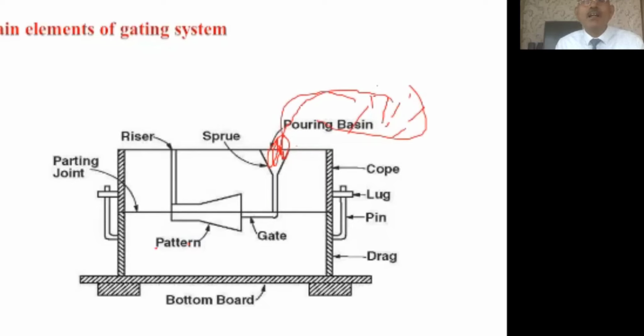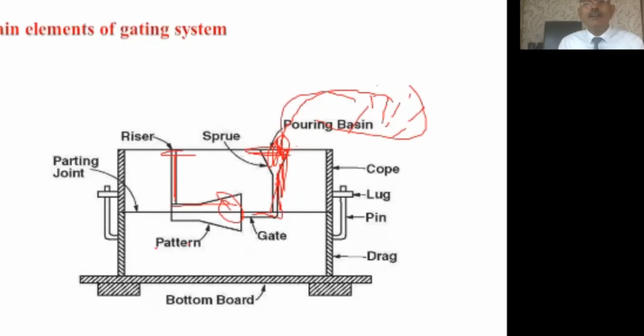From the basin, this is called the sprue. After the sprue, this is a gate. It is entering the pattern cavity. This is the pattern cavity. And then at the end we have put a riser also. Whatever metal goes in, the metal will get collected up to the same level as the pouring basin.